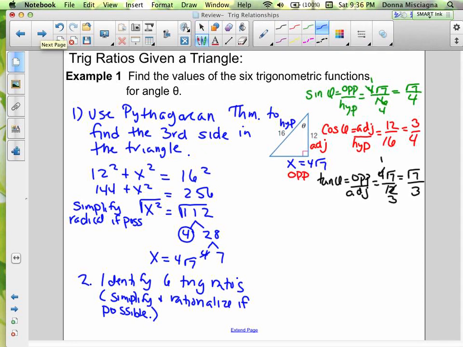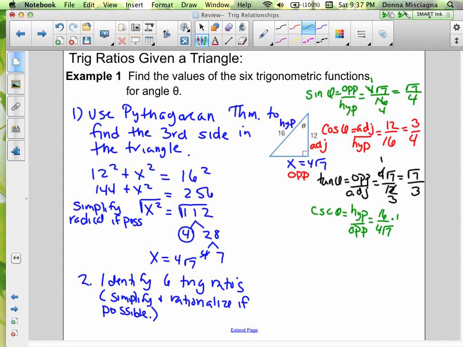Now I'm going to use the same colors for the reciprocals. So let's identify cosecant theta, which is just the reciprocal of sine. So now it's hypotenuse over opposite. Hypotenuse is 16. 16 divided by 4 square roots of 7.